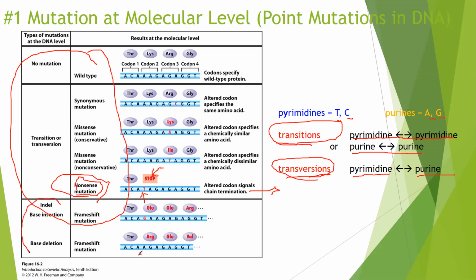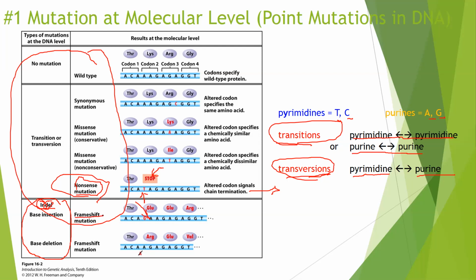Okay, so this is for the point mutation, and there are other forms of mutation here, either insertion or deletion. The indel here is a combined word, the insertion and the deletion. Insertion means if we have a single nucleotide insertion here, this will totally change the reading frame, right?